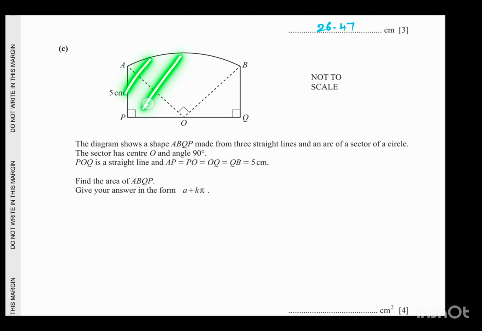So we need to find the area of this figure. Give your answer in the form a plus k pi. So that means the pi value need not be taken. Pi can be kept as it is. So first we'll find out the area of the sector. Area of the sector is equal to theta by 360 into pi r square.